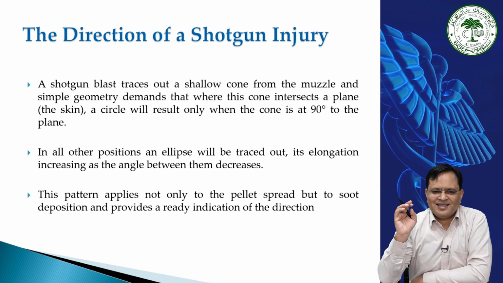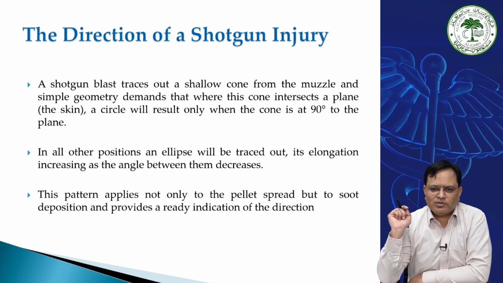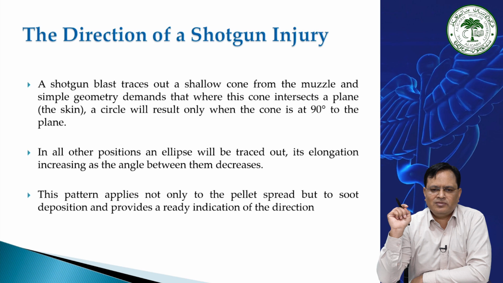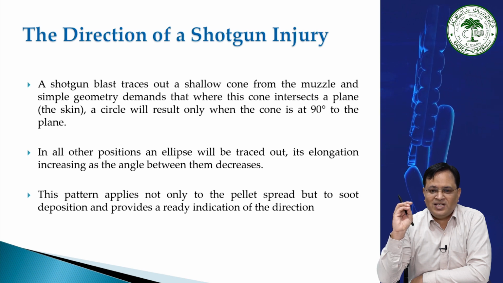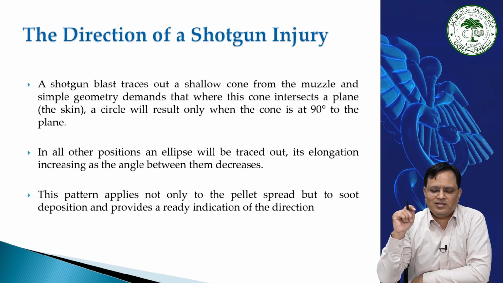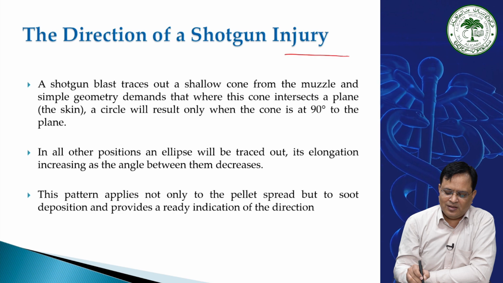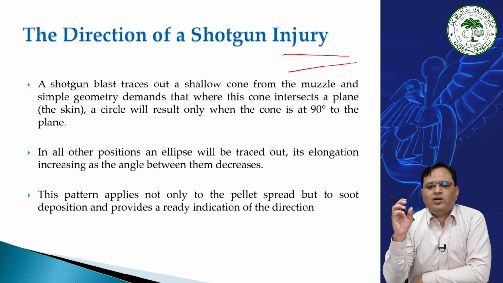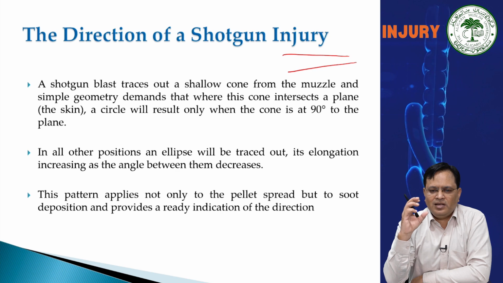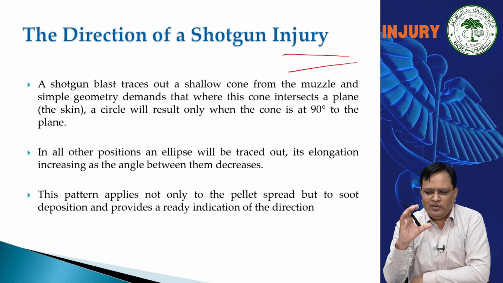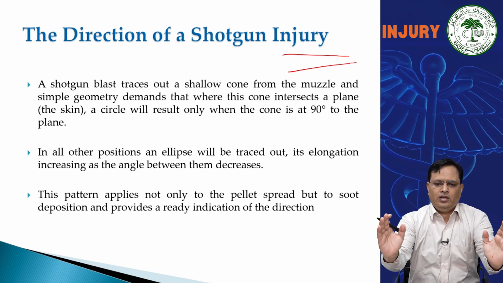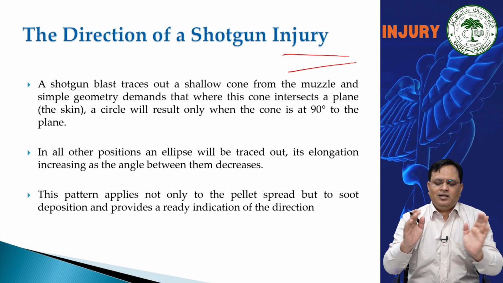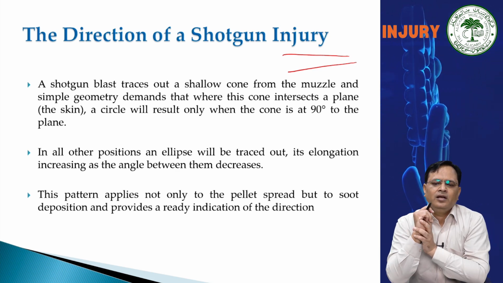A shotgun blast traces out a shallow cone from the muzzle, and simple geometry demands where the cone intersects the plane of the skin. I said that the cone is there, meaning that when the shotgun pellets are coming, they are expanding in the form of a cone, expanding like this. That is the shape of a cone.